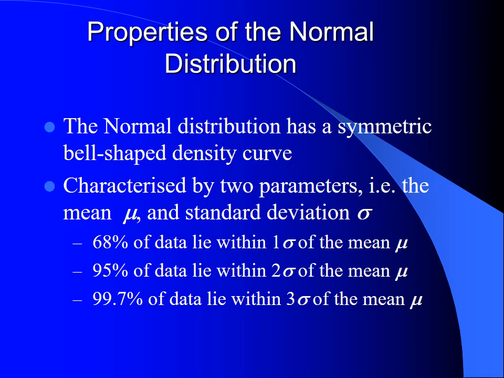So we are making use of the normal distribution property, especially when we want 95% confidence intervals: 95% of data lie between two sigma limits.